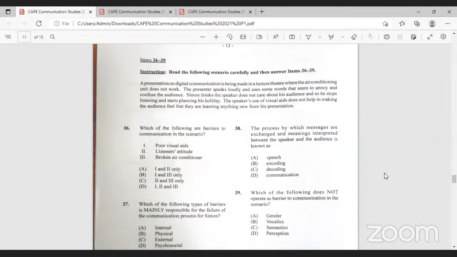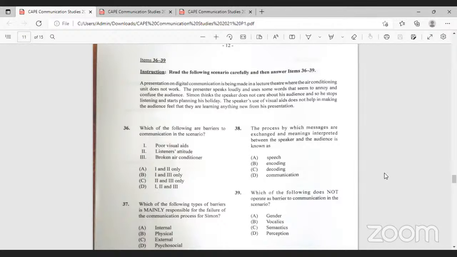We have choices between 1, 2, and 3. Don't automatically choose all 3 of them. Read them first. Poor visual aids, listener's attitude, broken air conditioner. Which ones of them are barriers to communication?